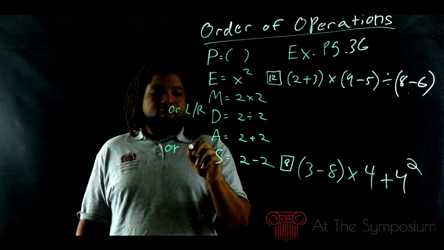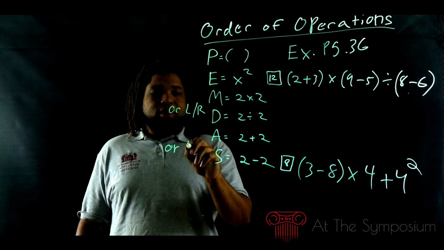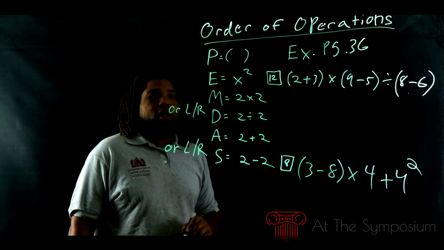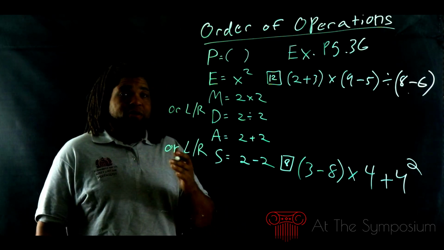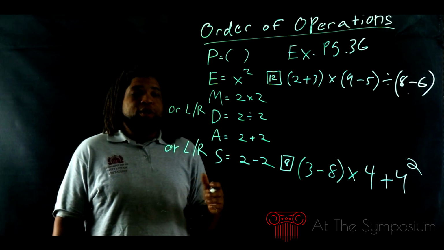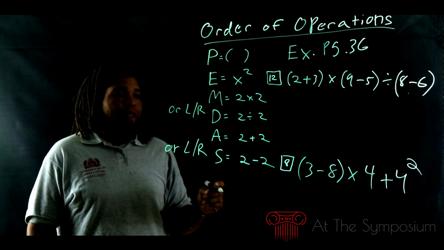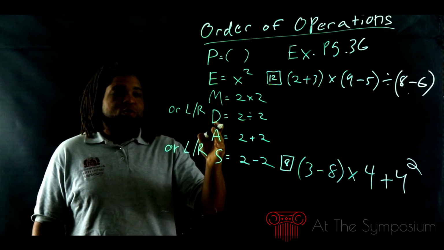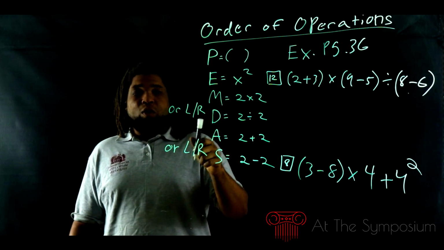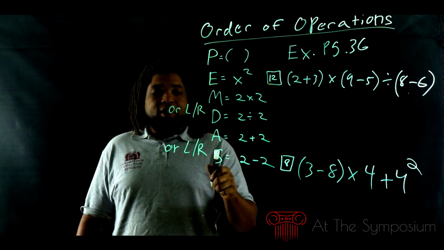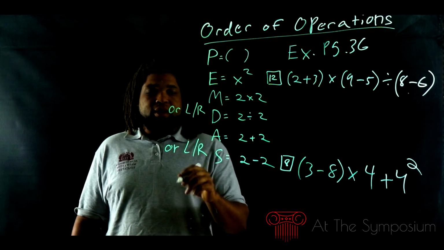Addition and subtraction happen from left to right as well. So it's basically whichever one comes first in succession in the problem. So you don't just multiply when you see multiplication after you do your exponents, and you don't just divide after you do multiplication. You do either one from left to right. You do either addition or subtraction from left to right.